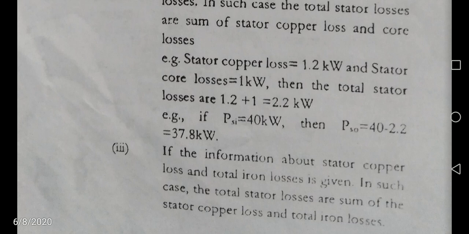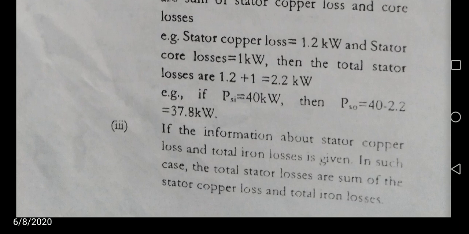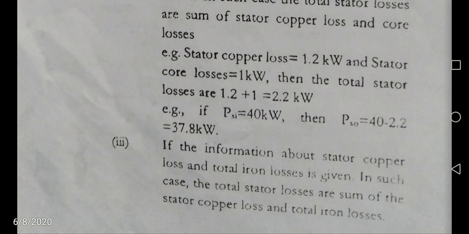And if PSI, the stator input power, equals 40 kilowatt, then PSO, the stator output power, equals 40 minus 2.2, that is 37.8 kilowatt. So it is simple: the output power equals input power minus losses. Losses are the copper losses and iron losses.